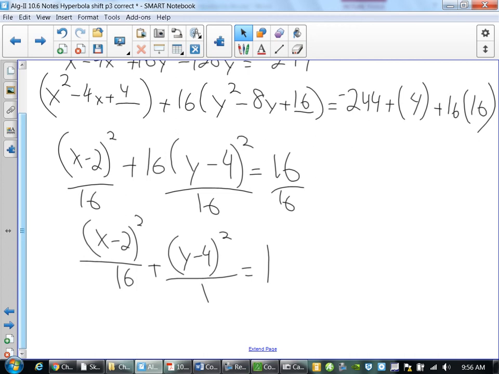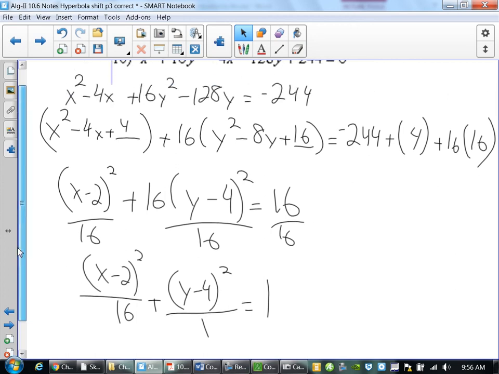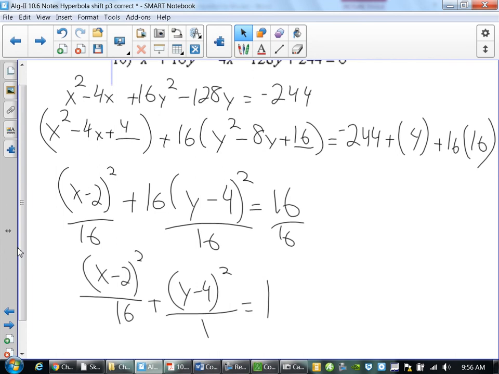The center would be located at 2, 4. It's an ellipse again, stretched left and right because the a squared is bigger than b squared. So c squared is 15.